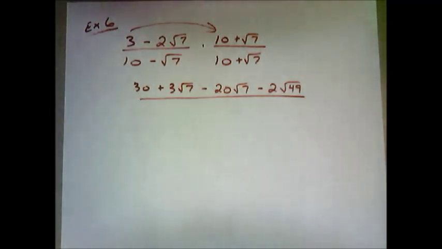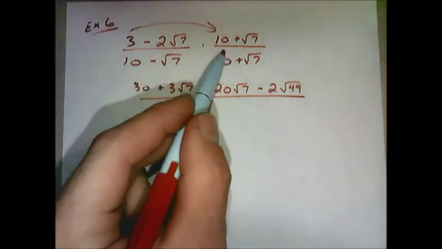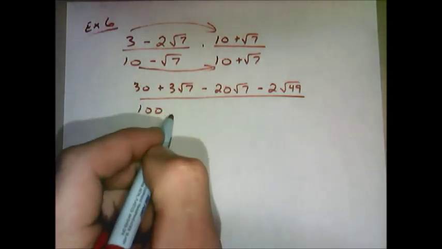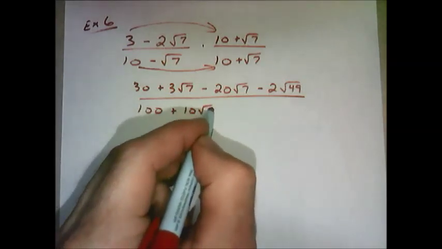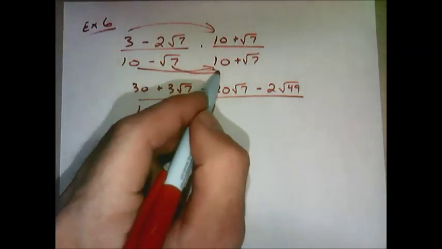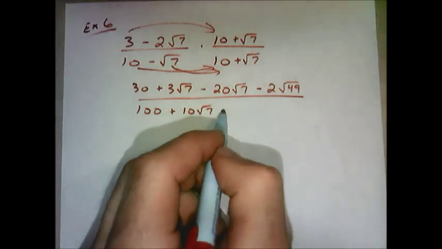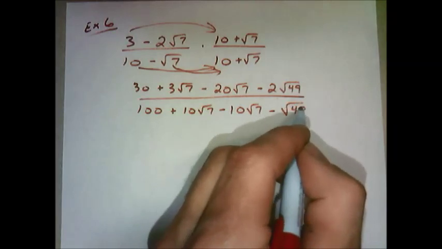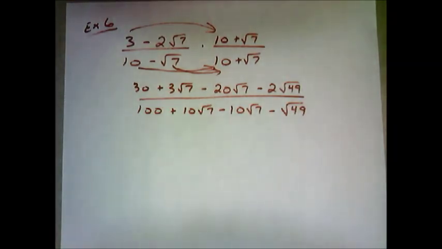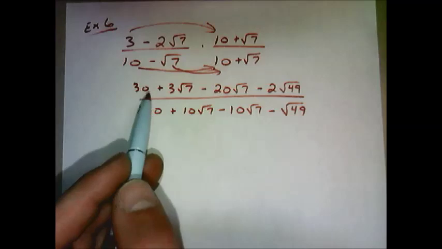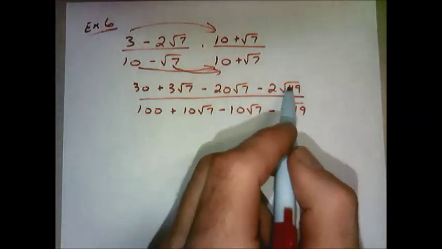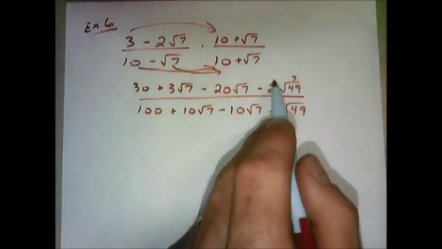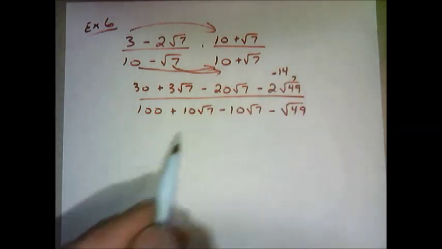That's going to be divided by distributing my 10 through the bottom. I have 100 plus 10 radical 7. I'm going to distribute my negative radical 7 through. So I get minus 10 radical 7 minus the square root of 49. Now I can do a lot of things to clean this up. To start with, on the top, the square root of 49 is 7, and negative 2 times 7 gives me negative 14.